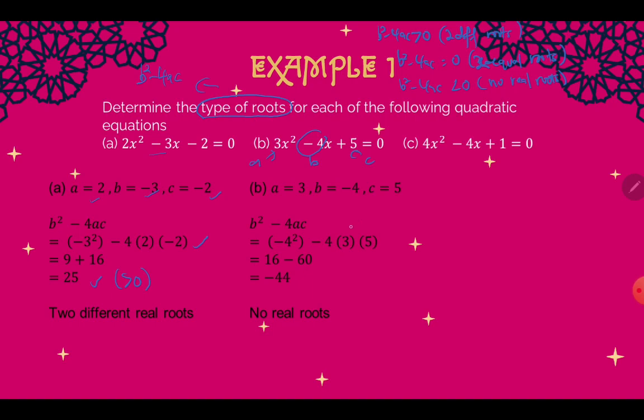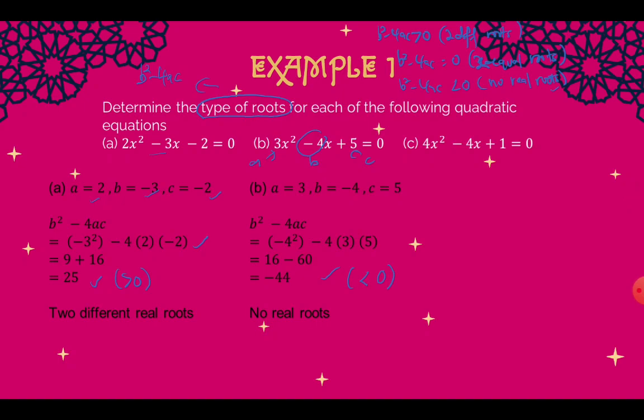From here, we calculate it and we have negative 44, which is less than 0. So when the discriminant is less than 0, what type of root is it? It is no real roots.